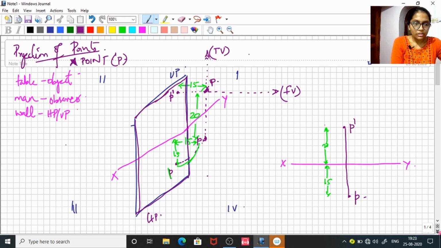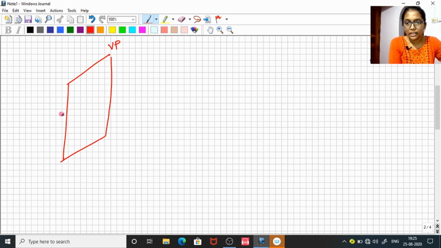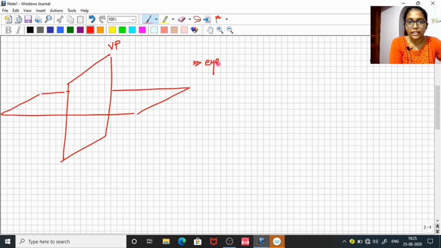Okay, now let us place the point in the second quadrant and see for the orthographic projection. Okay, this is your VP and this is your HP. Okay, and here is your observer, and let us place our point P, and let us have the distance also.